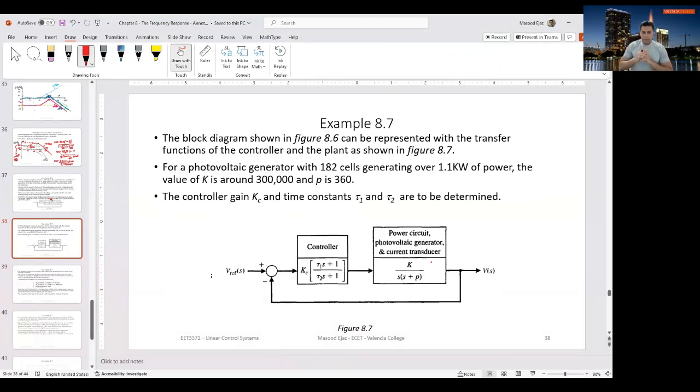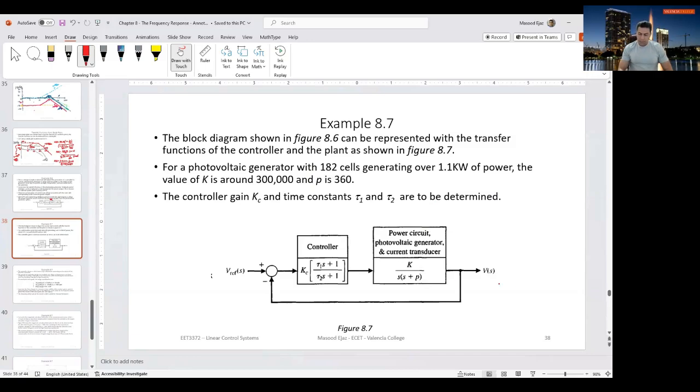These values are given in the example in the textbook. For a photovoltaic generator with 182 cells generating over 1,100 watts of power, the value of K is about 300,000, and the value of the pole is 360.